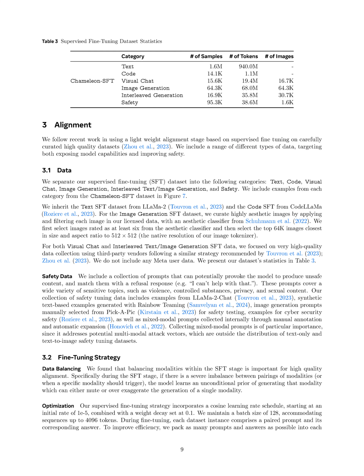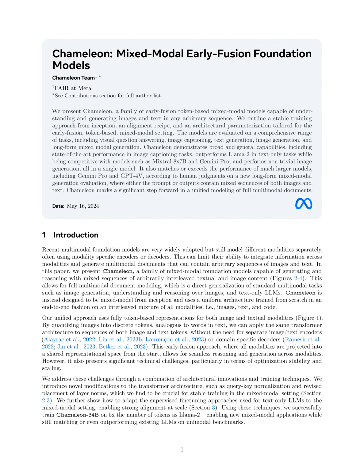The stability of training in the mixed-modal setting in the Chameleon model is addressed through a combination of architectural innovations and training techniques. To ensure optimization stability and scaling, Chameleon introduces novel modifications to the transformer architecture, such as query key normalization and revised placement of layer norms.